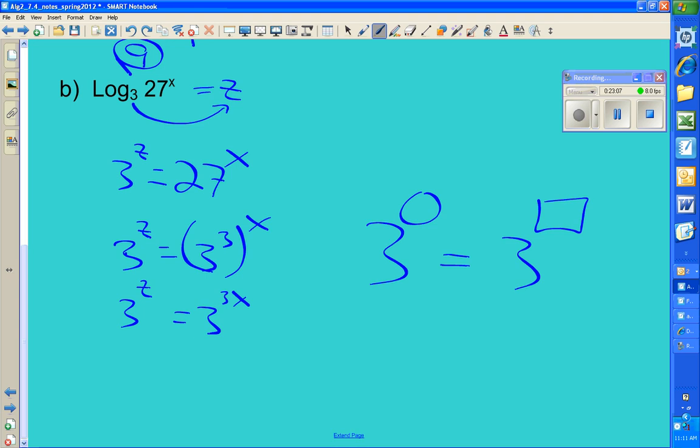I'm going to put a 4 in the circle. You can put anything you want in that rectangle, but it has to be a true statement. Can you tell me something else I could put in there and make it a true statement?